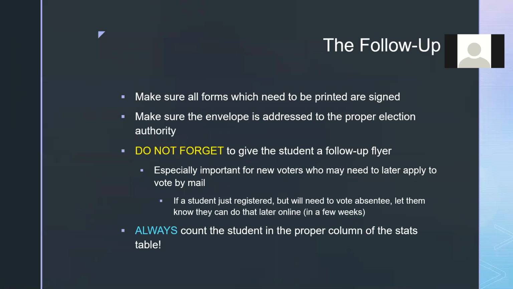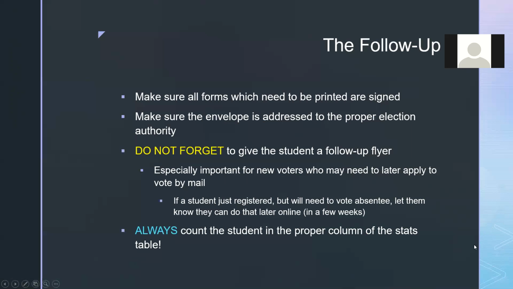Okay, so you're going to want to make sure that all forms that need to be printed are printed and signed. Make sure that the envelope is addressed to the proper election authority, which in this case will be the Chicago Election Authority. And don't forget to give them a follow-up flyer. A lot of the new voters may need to later apply to vote by mail if they're not planning on voting in person, if they've never voted before.